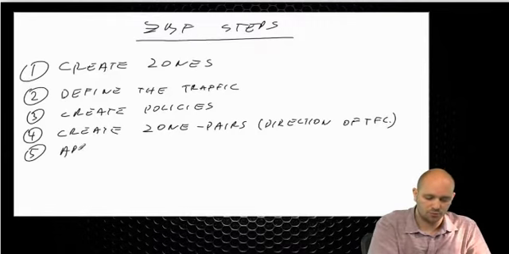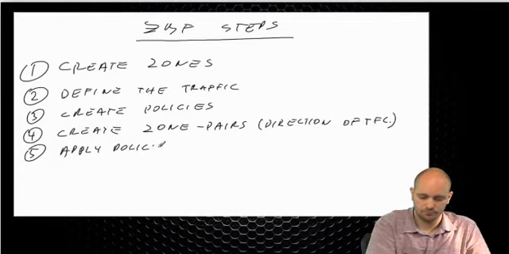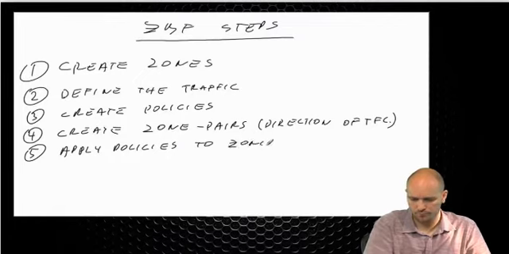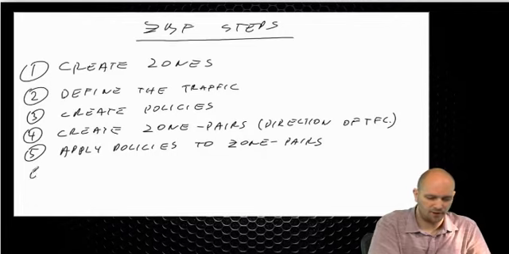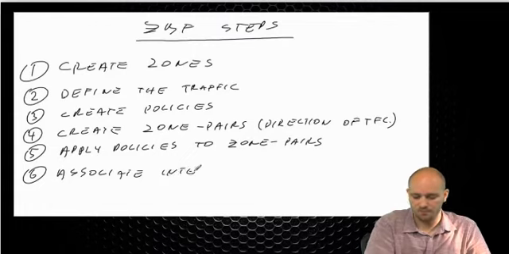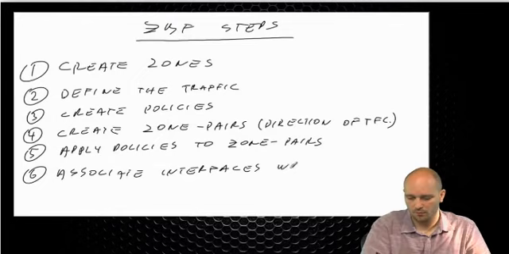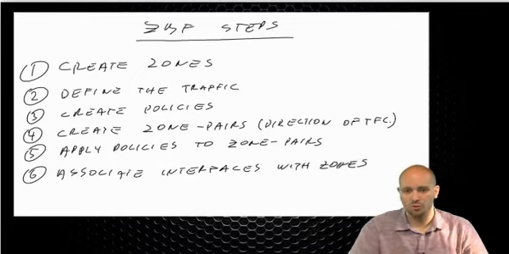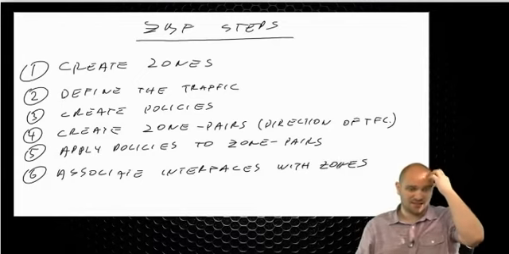Apply policies to zone pairs. And finally, associate interfaces with zones. So this is the basic task list that we need.